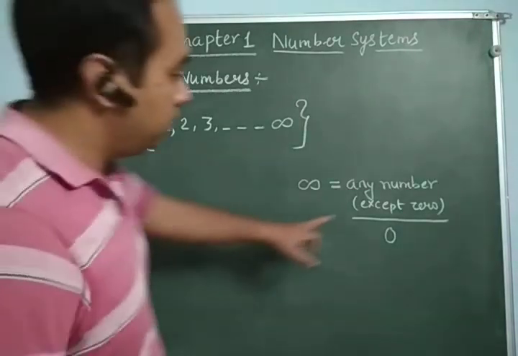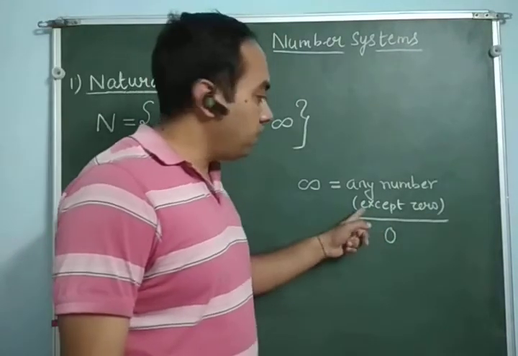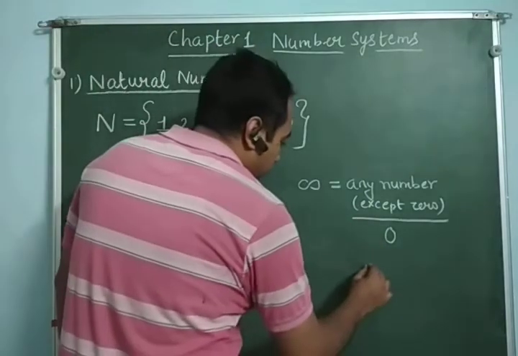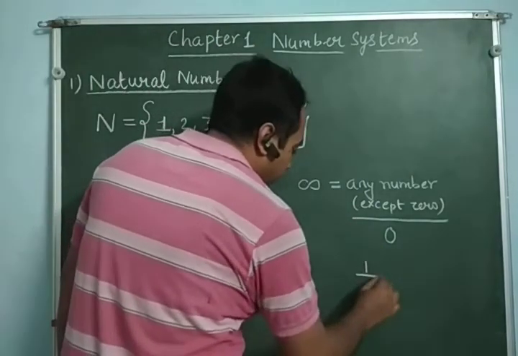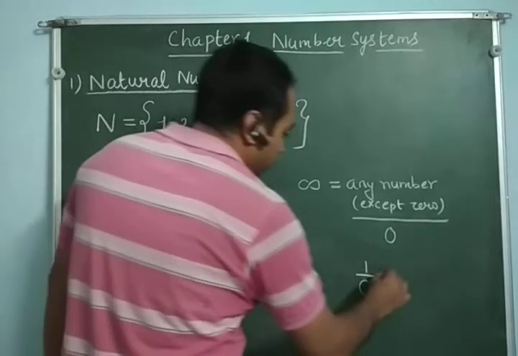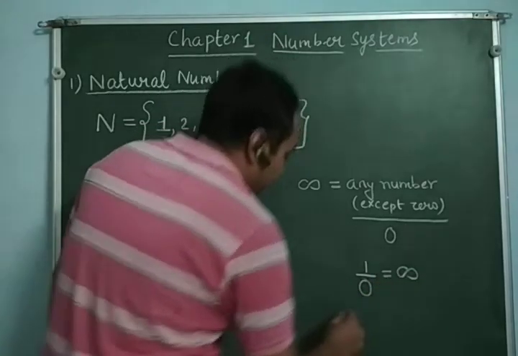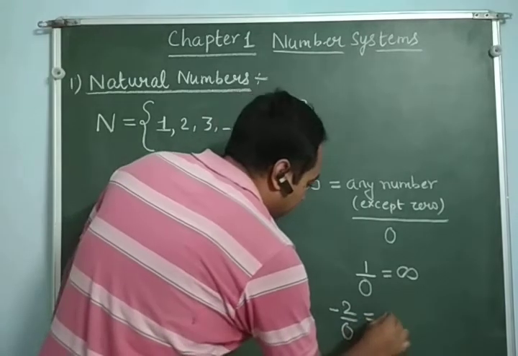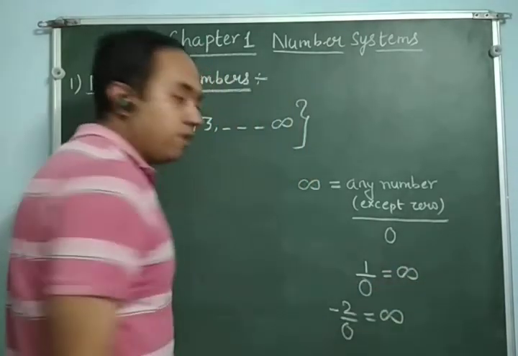Any number, the exception being 0, in the numerator we cannot write 0, upon 0. For example, suppose somewhere you get 1 upon 0, and this 1 upon 0 is infinity. Suppose you get somewhere minus 2 upon 0, then directly you can write it as infinity.